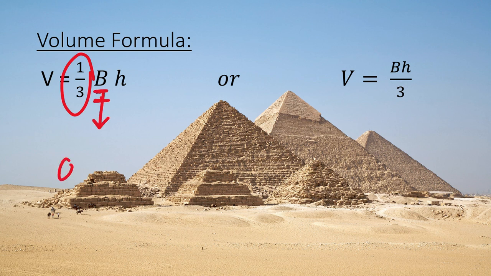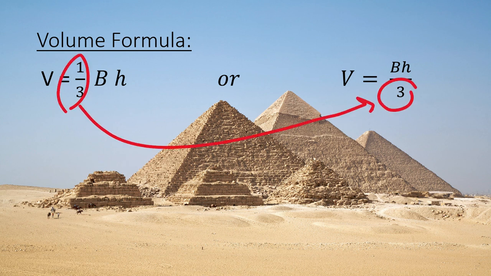Capital letter B stands for area of the base. Not just base, but area of the base. Another way of writing multiplying by 1/3 is the same as saying dividing by 3. Both of these are one and the same. Just write both of these down. That way you will recognize them on the formula chart.